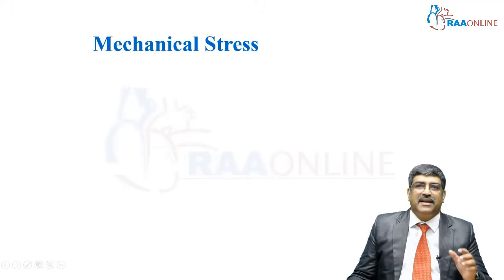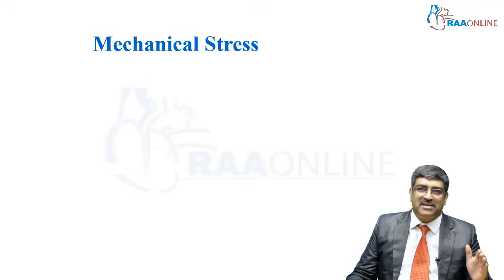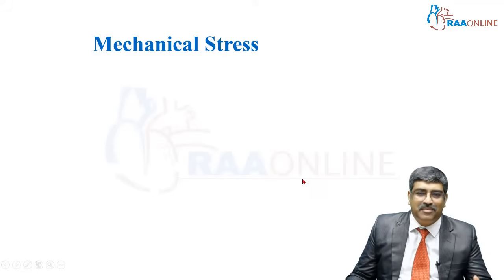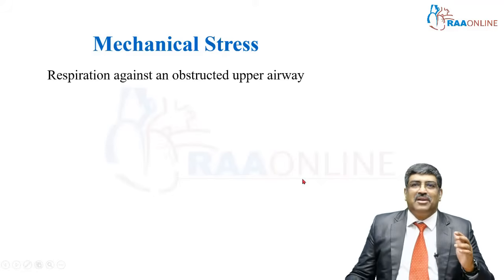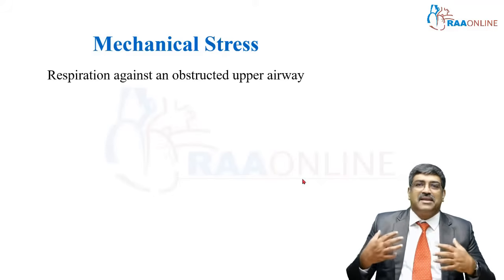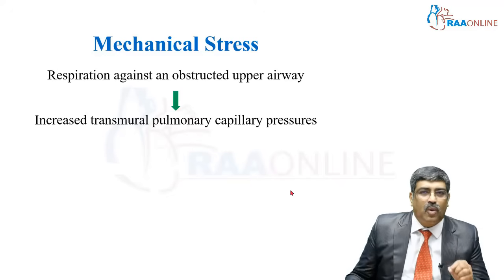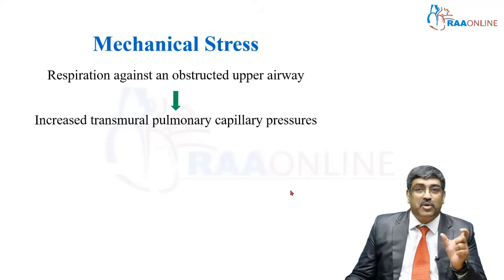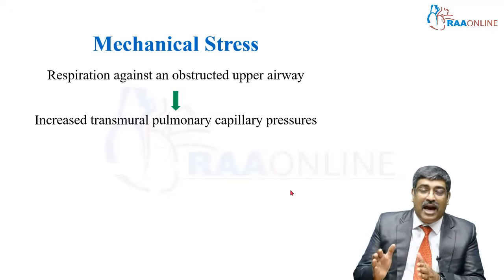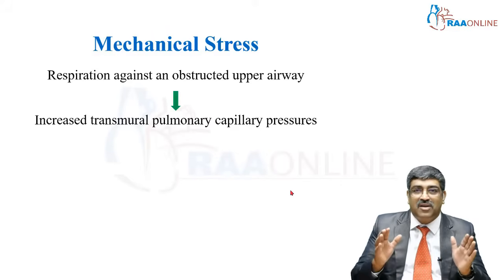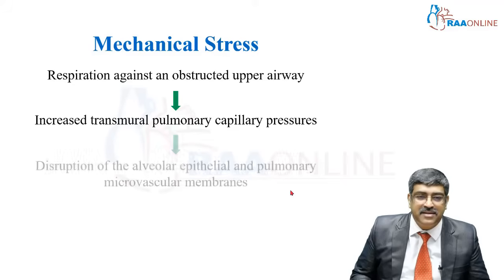Coming to the second theory, which is caused by mechanical stress on the blood gas barrier. Here, the patient is trying to breathe against an obstructed airway. So, what happens? The transmural pressure between the alveoli and the pulmonary capillary is altered and it is increased.